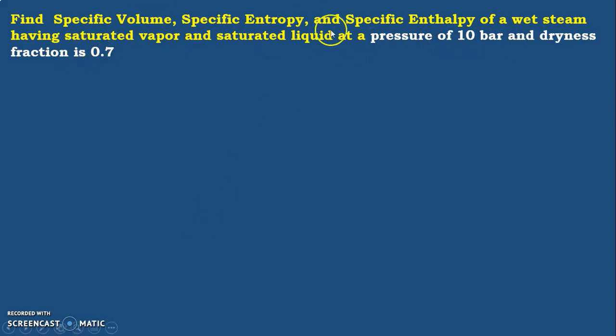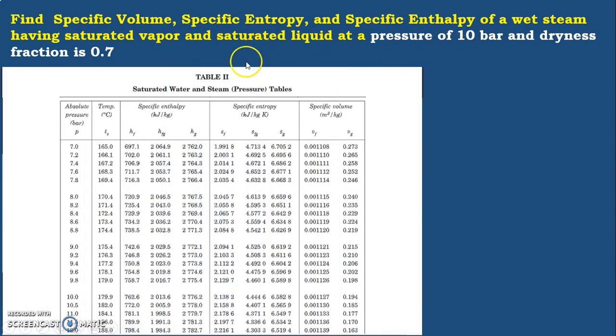In this problem, find properties of a wet steam having saturated vapor and saturated liquid. From this, we can conclude that saturated steam table can be used at a pressure of 10 bar, which means saturated pressure steam table can be used. That is table 2, saturated water and steam pressure tables.